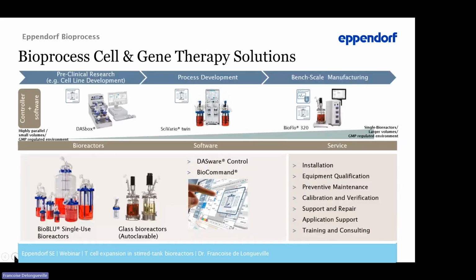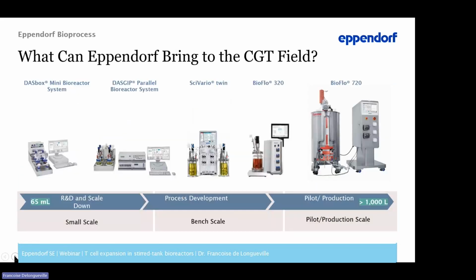The Eppendorf bioprocess solution includes 4 pillars: a scalable system, a single-use solution, software, and service and support. To achieve a successful therapeutic response, the development of efficient and high-quality cell therapy products has become a challenge for clinical researchers and healthcare providers. As you can see on this slide, Eppendorf bioprocess systems cover a wide range of working volumes, from the small volume of 65 ml to 1,000 liters.